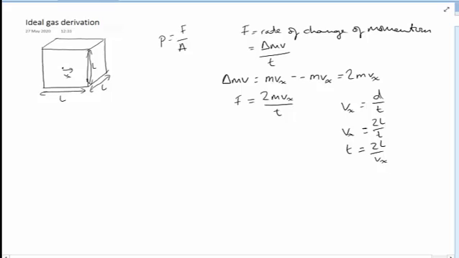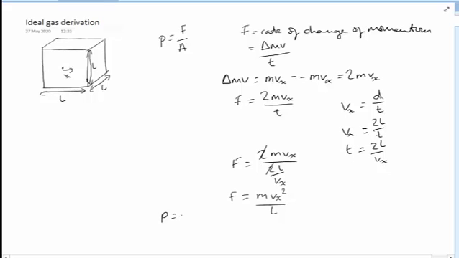So we can put that back in the equation. So we've now got F is equal to 2mvx over 2L over Vx. We can cancel out the 2's and rearrange that slightly, so we get mvx squared over L gives us our value of F.